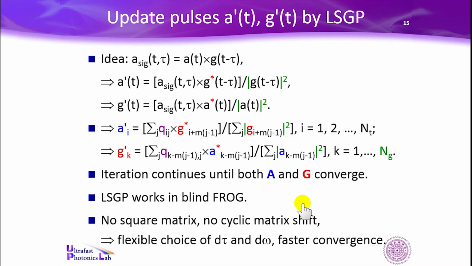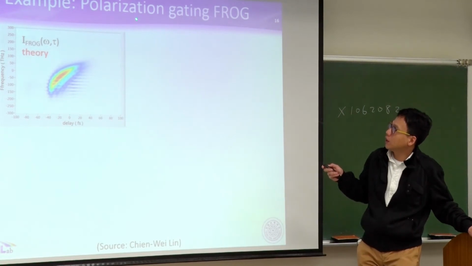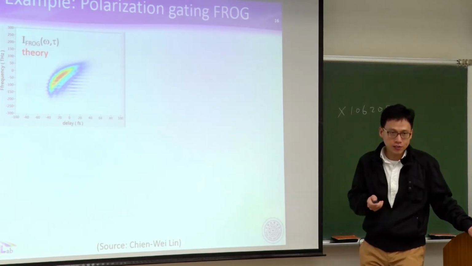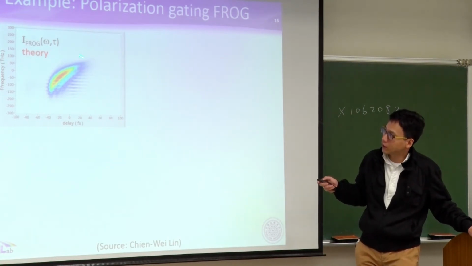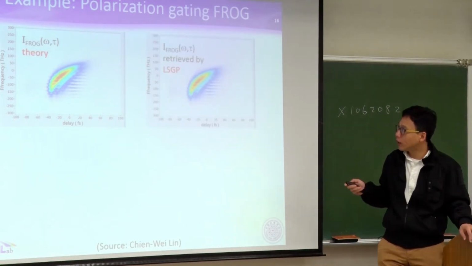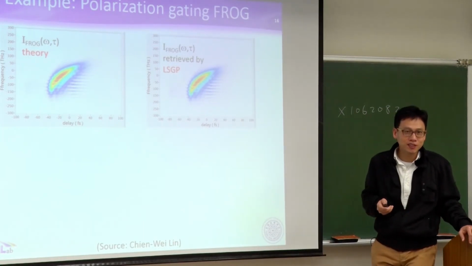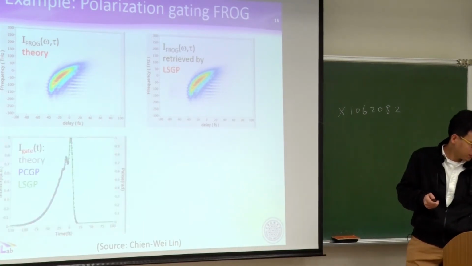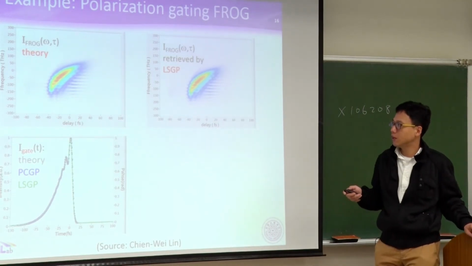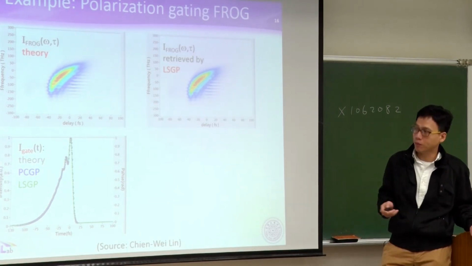Let me show you two examples. The first one is a polarization gating FROG trace. In theory, it's like this. And if you use LSGP, you get this. They look very similar. And these are the results for the gate pulse in the time domain.